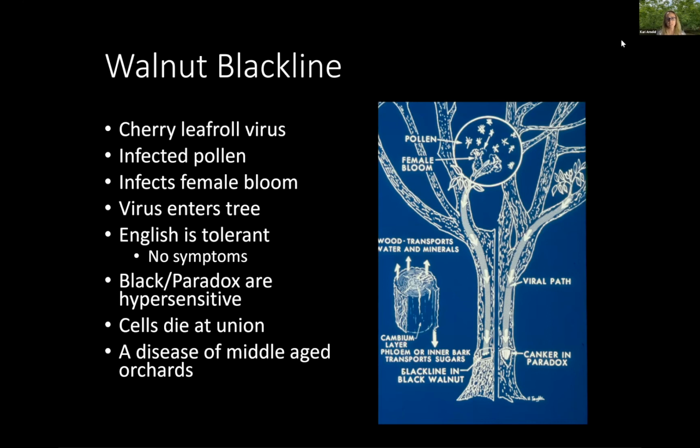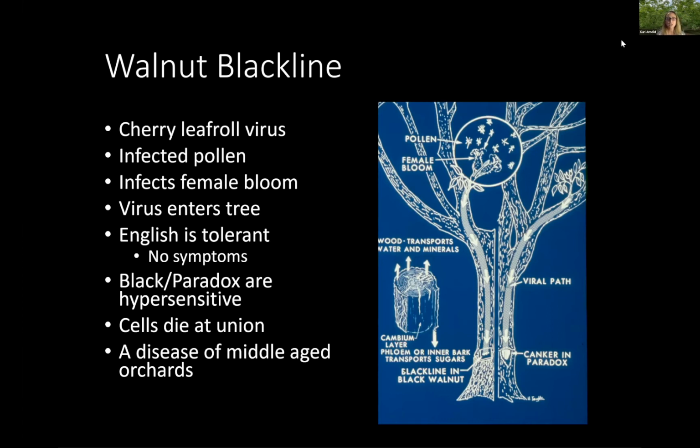But unfortunately, the rootstocks that we use, whether it be Northern California black walnut or paradox, will express a hypersensitive response because they're actually resistant to the virus. I know this is very confusing. I'm more than happy to discuss this further outside this meeting if you ever want to know more. What happens is this creates a graft incompatibility.